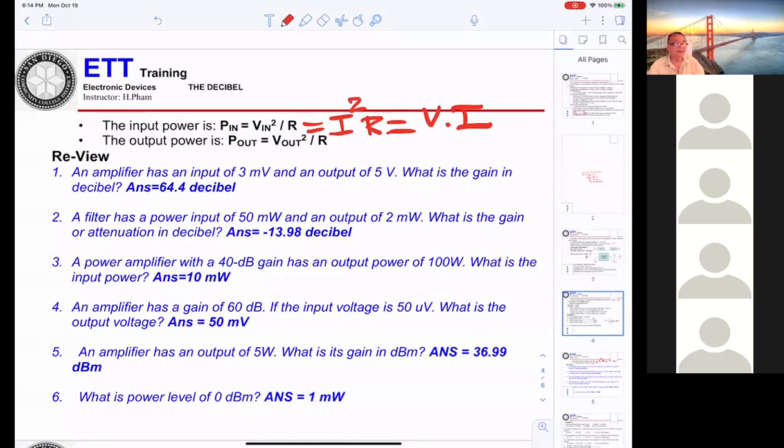Okay, now go ahead and do number 1 for me. An amplifier has an input of 3 millivolt, output 5 volt. They want to know what is the gain in decibel.